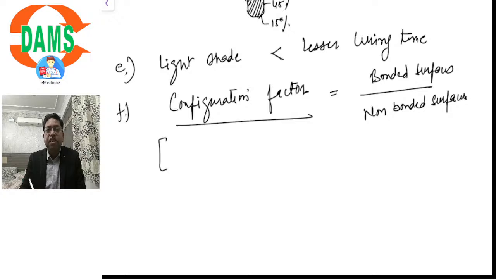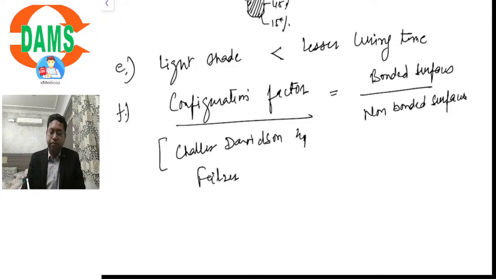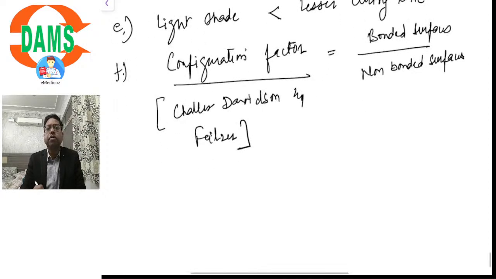This C factor was initially proposed by Charles Davidson and Fields. Bonded means what all surfaces the composite is bonded to the tooth structure. Non-bonded surfaces means the composite is free from the tooth structure.